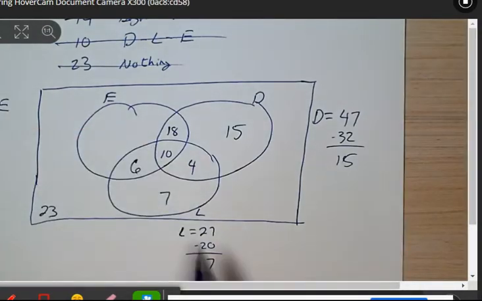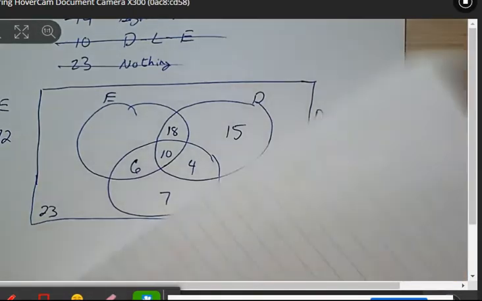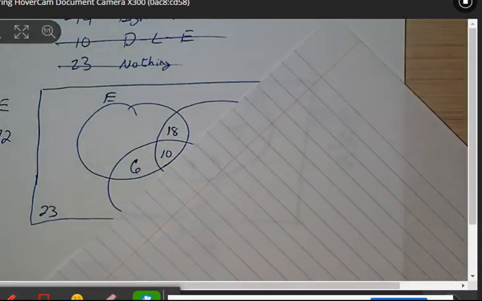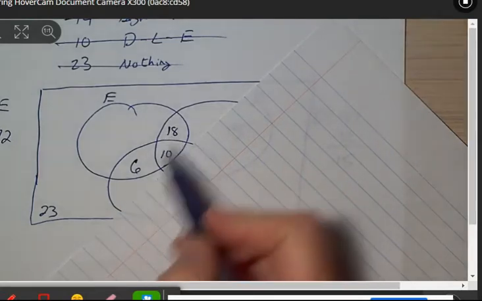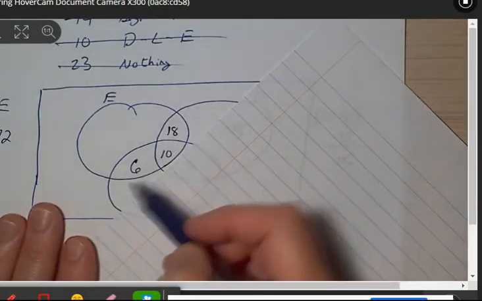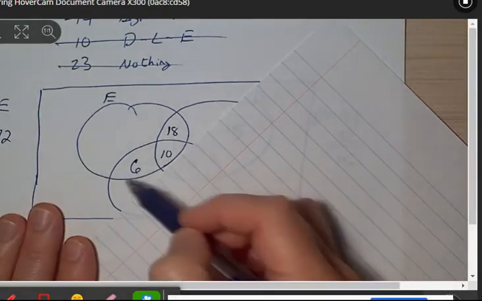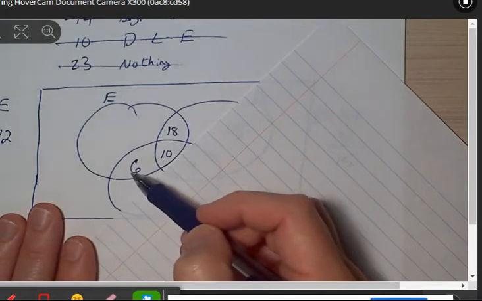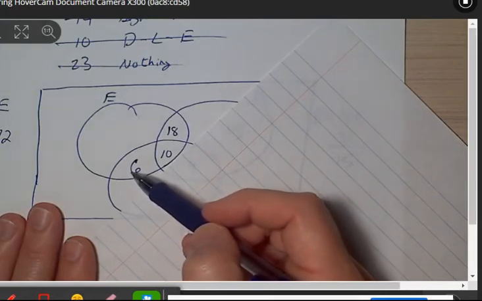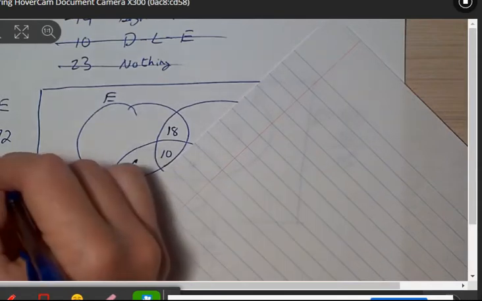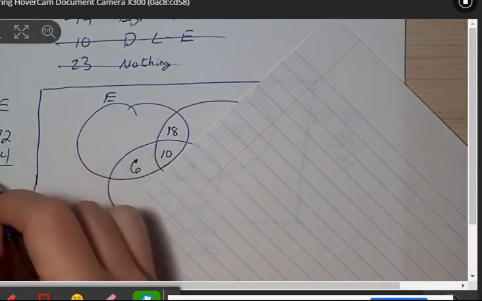All right, and then for experience, same thing. There were 72 people total. So take out all the people that were here. So we're looking at just these people that had experience. Again, not worrying about these. Just these people had experience. So that's 28 and 6. That is 34 people. So with the 34 people, we'll subtract that from the 72.